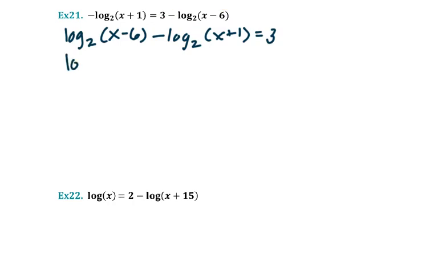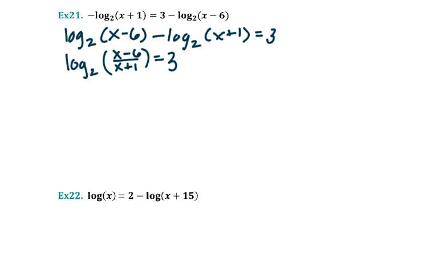So this simplifies to log base 2. My argument, because we have a minus between these two logs, becomes x minus 6 over x plus 1 equals 3. So 1 log equal to a number, we convert, and that's going to become 2 cubed equals the argument.